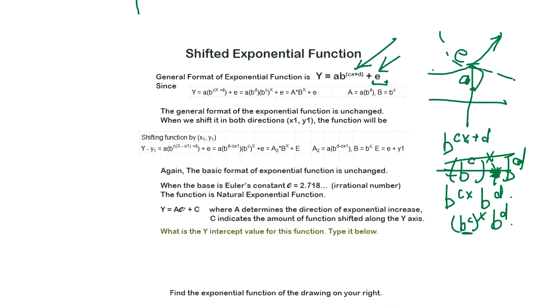So actually this is going to be the new c, cx, and the b to the d and a. This becomes the new coefficient a times b to the d.